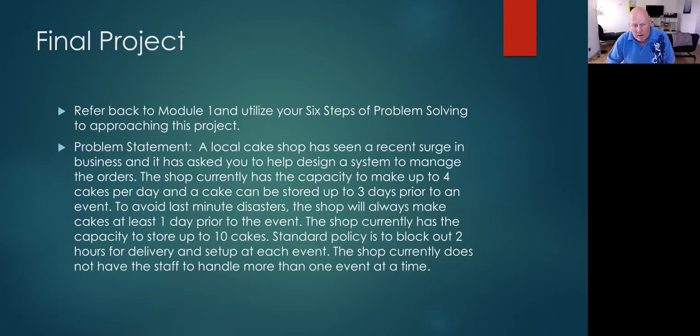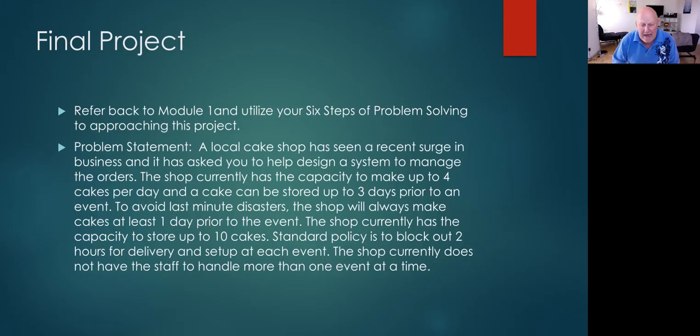So what the problem is: a local cake shop has seen a recent surge in business, and it has asked you to help design a system to manage the orders. The shop currently has the capacity to make up to 4 cakes per day, and a cake can be stored up to 3 days prior to an event.